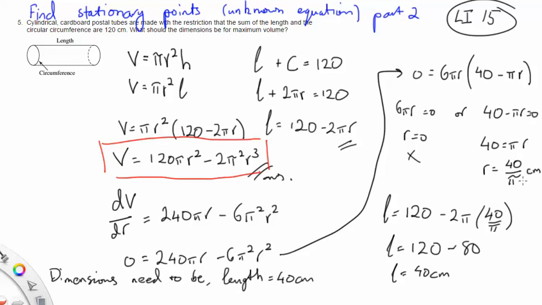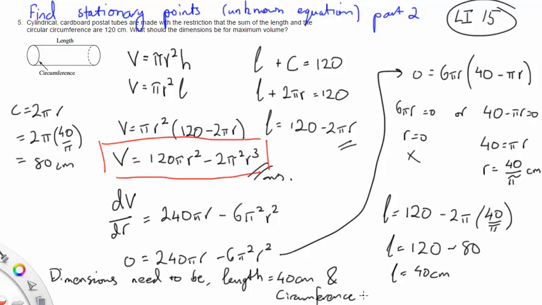We know that the radius is 40 on pi. So let's find the circumference. C equals 2 pi r equals 2 pi times 40 on pi equals 80 centimeters. That makes sense. 80 plus 40 is 120. So dimensions need to be length equals 40 centimeters and circumference equals 80 centimeters. Alright, that's our answer.